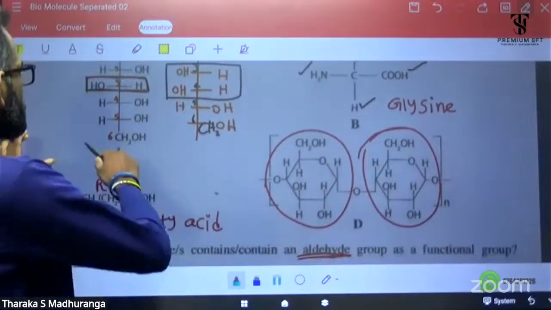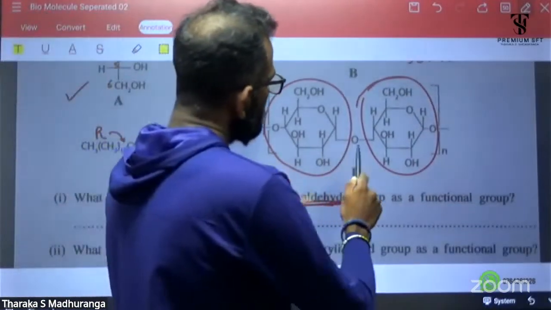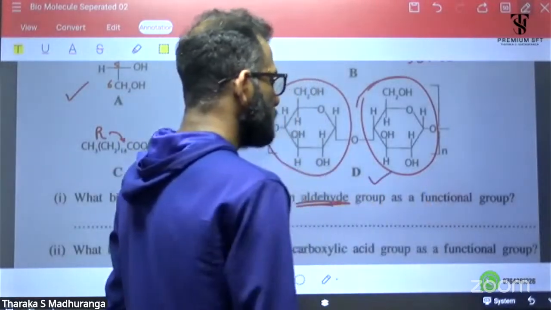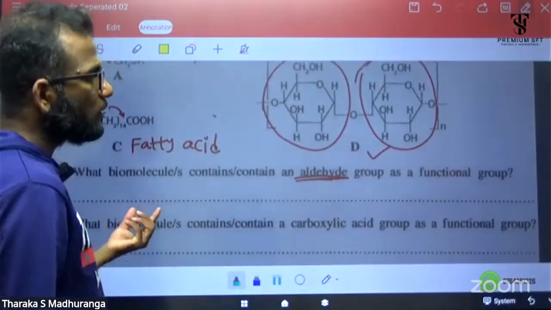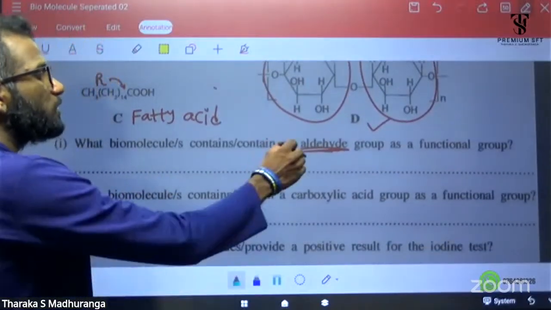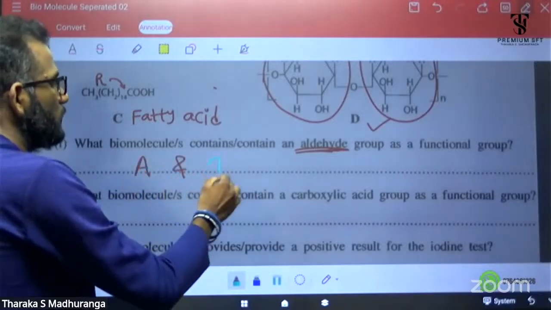Okay, this A is the aldose. And in polysaccharide there is also alpha glucose, right? That one is also aldose. Then aldehyde group as functional group: A and D.